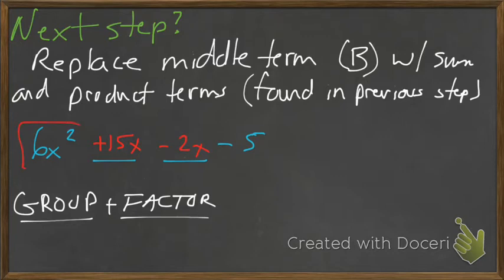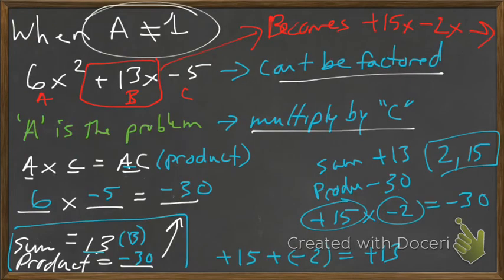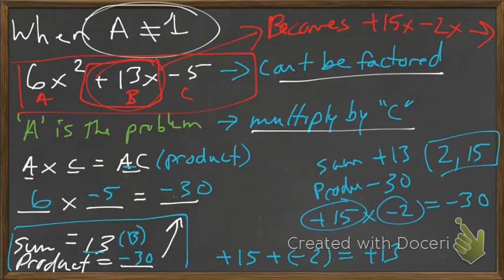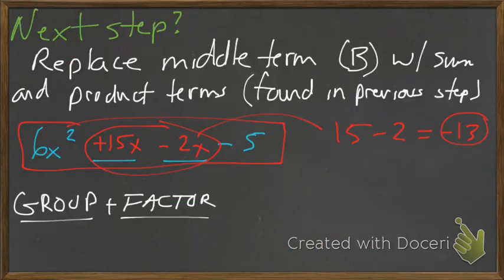So our equation is still pretty much the same. The only thing that we've done is turn this 13x into 15x subtract 2x. And if you work that out, 15 subtract 2, you still get positive 13, excuse me. So it still works out. Let me erase all of that and do it cleaner.